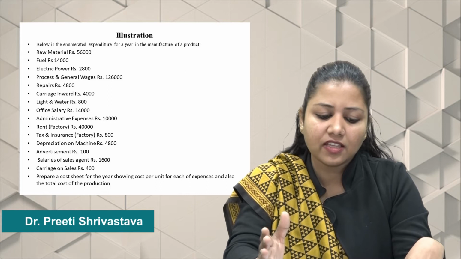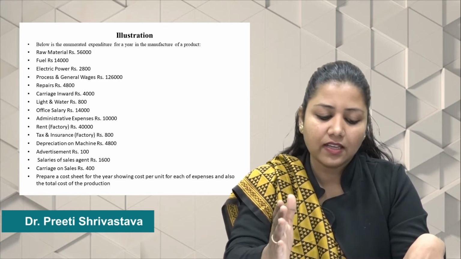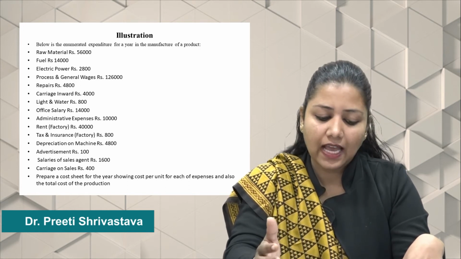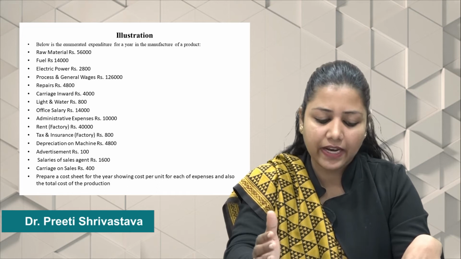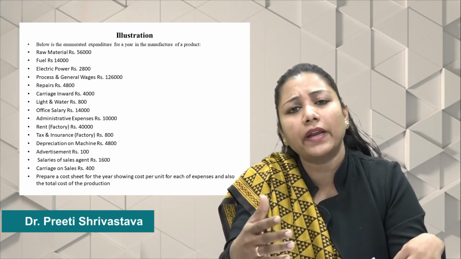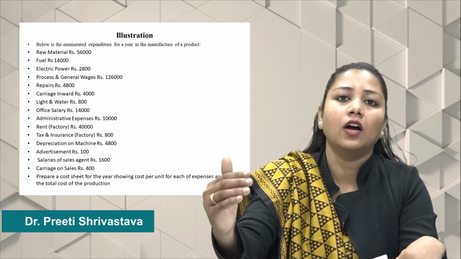Like raw material, fuel, electricity, power, process, repairs, carriage inward, light and water, office salary, administrative expenses, rent, tax and insurance, depreciation, and there are so many expenditures given according to the categories of the different costs. Now we will go for the solution.